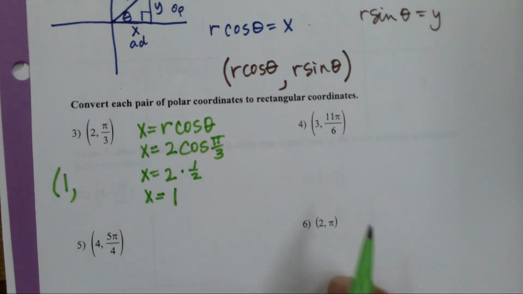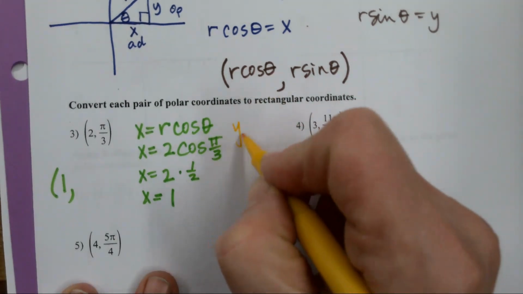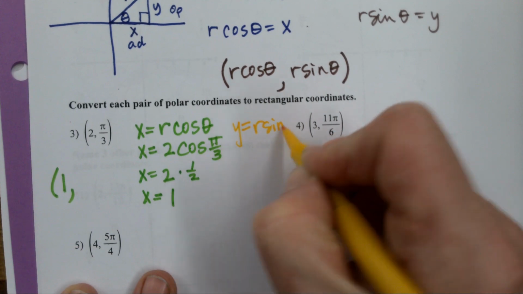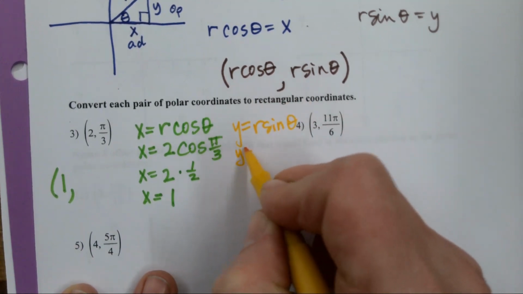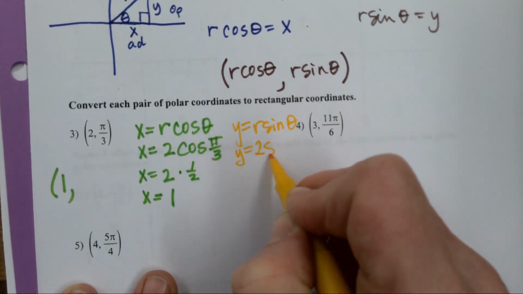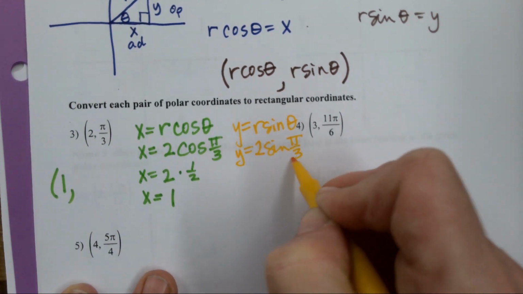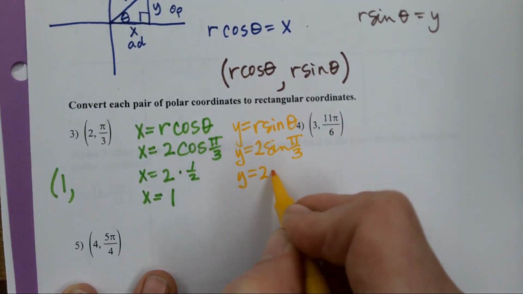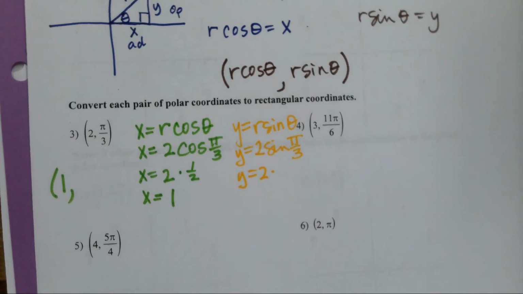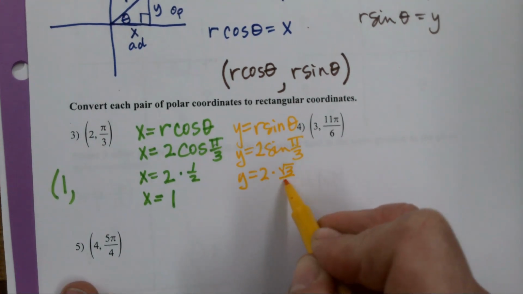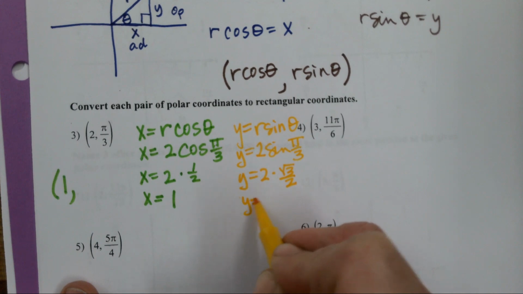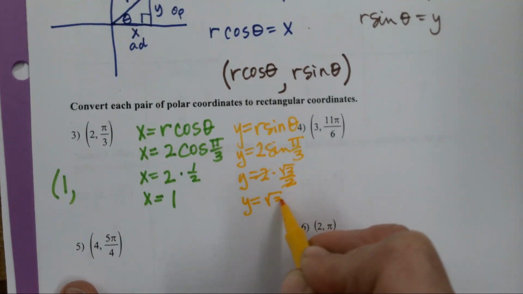There I have my x coordinate. y is r sine theta. 2 times the sine of pi over 3. What's the sine of pi over 3? Square root of 3 over 2. And so y is, cancel, cancel, square root of 3.